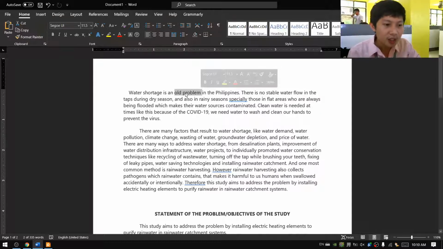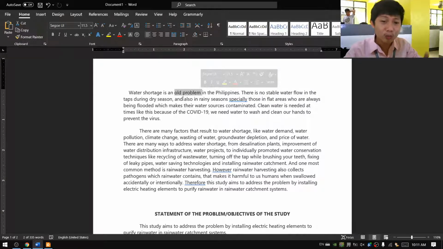We don't. It's just that we are experiencing water shortages because too many people are crowding in a particular place, like for example Manila. Manila has a particular area wherein you already squeezed a lot of people.